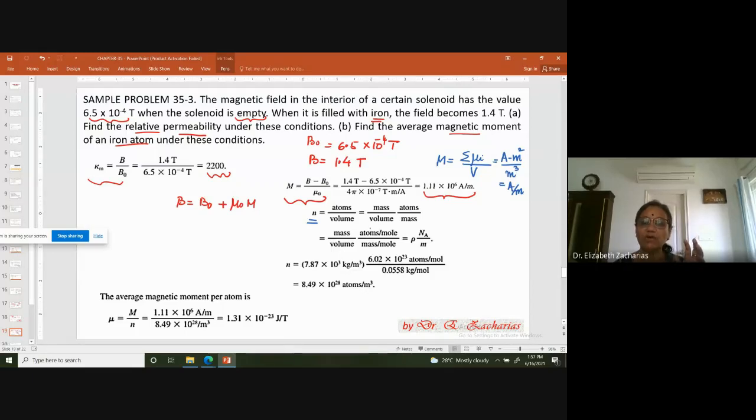This is a formula that we used in chapter 29. When we used J is equal to N e Vd, we found out N, the number of carriers in 1 meter cube of the material. And there we took copper contributes 1 electron per atom. So we found out the number of atoms, and from that we got the number of electrons. But here we want the number of atoms, so you can use the same formula.